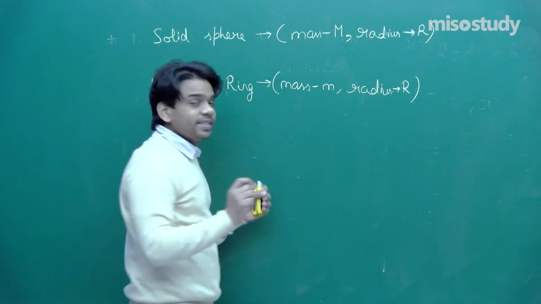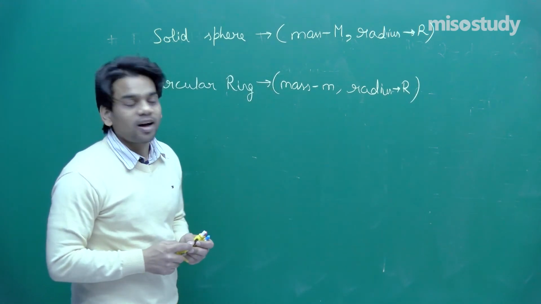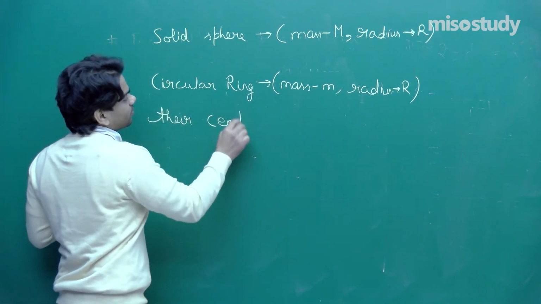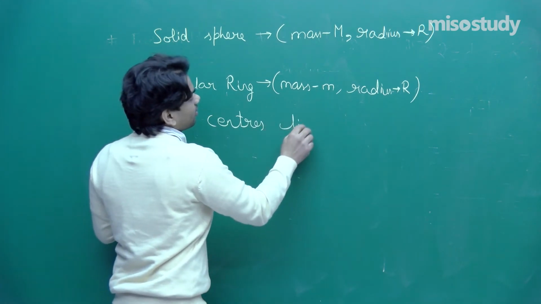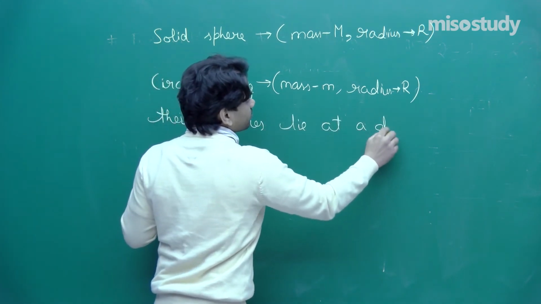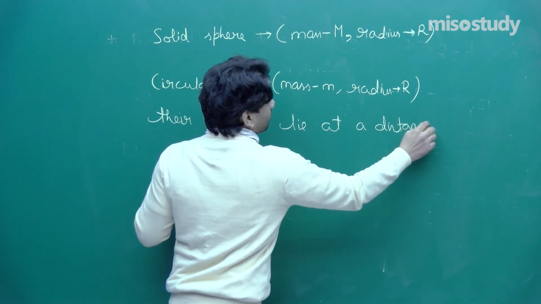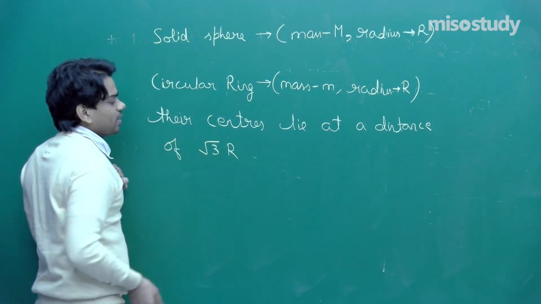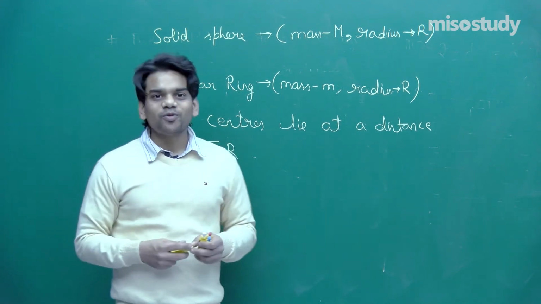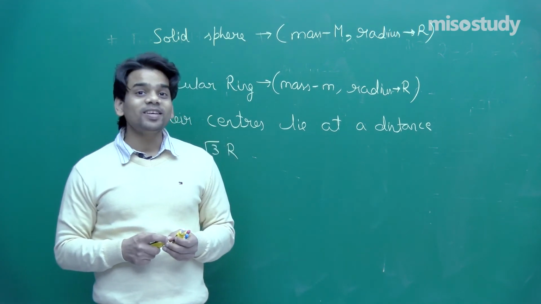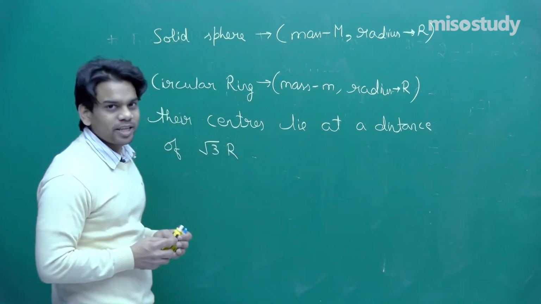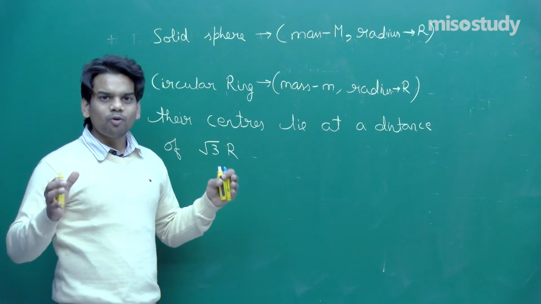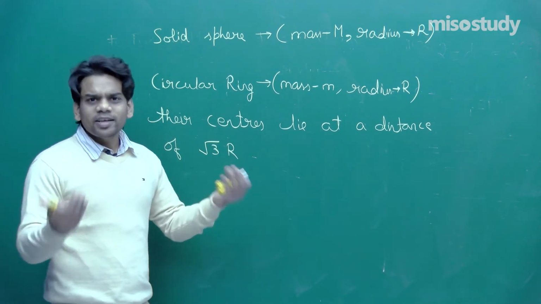Now both their centers are lying at a distance of root 3 R. So their centers lie at a distance of root 3 capital R. Now we are required to find out the gravitational force on the ring due to the solid sphere. There are no other forces acting, they are kept isolated from all the external environment. So it's required, what is the value of gravitational force on the ring due to the solid sphere.